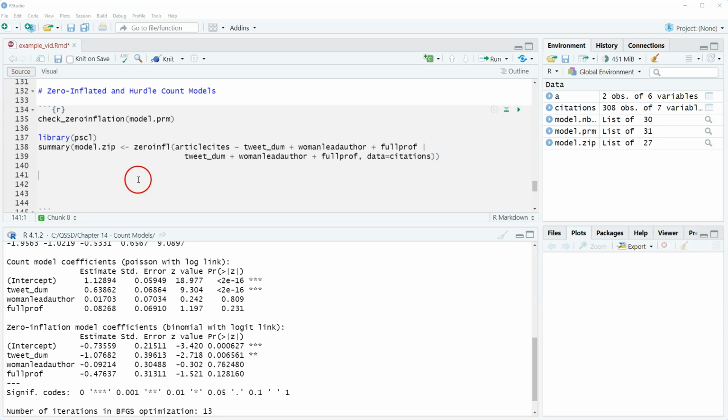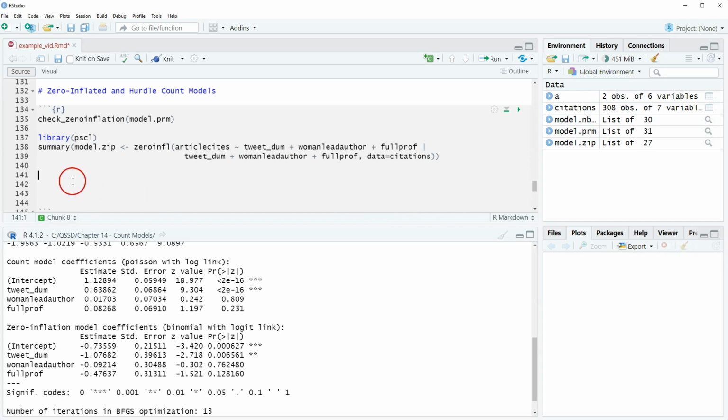If the test statistic is greater than 1.96, then the first model specified in the test is preferred over the second. If it's less than negative 1.96, then the second model is preferred over the first model specified. If it's between negative 1.96 and 1.96, then the models are indistinguishable. That's all in the text because it's kind of hard to keep track of.